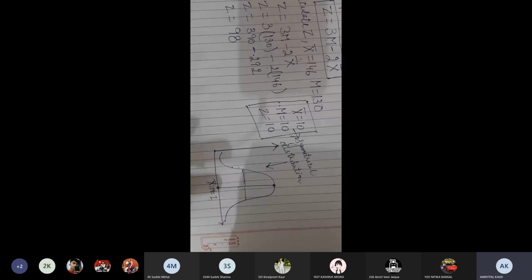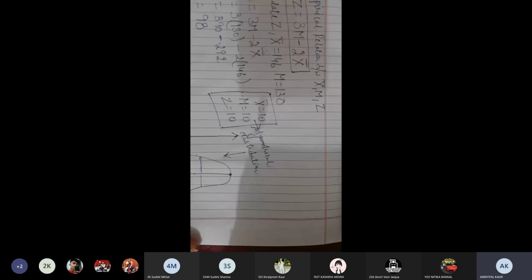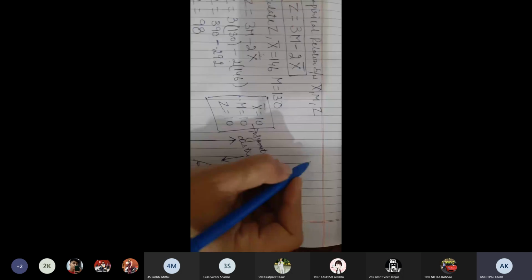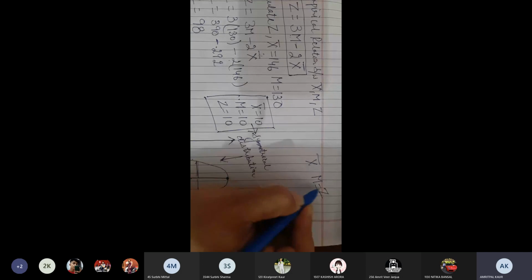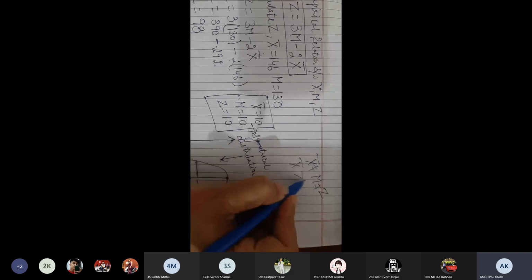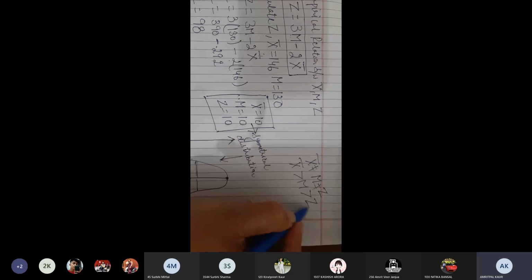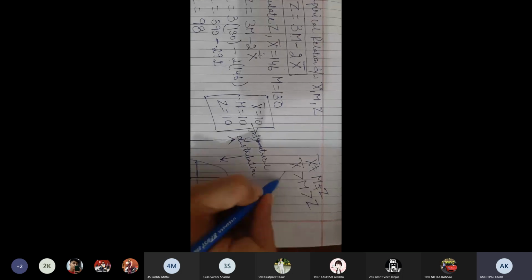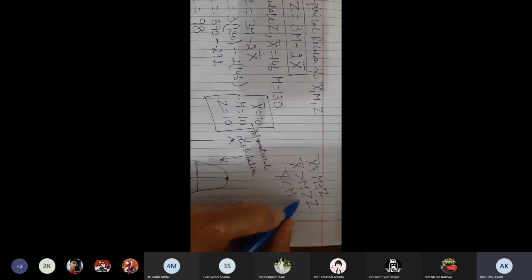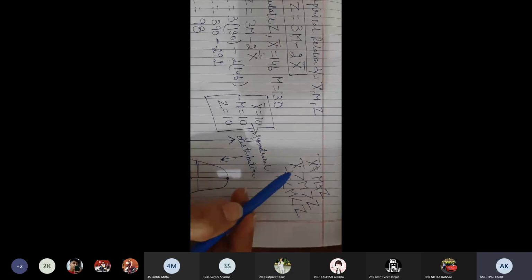Then there can be statements where the values of mean, median, and mode are not equal. They are different. Sometimes the value of mean is greater than the value of median, and then the value of mode. Sometimes the reverse happens: the mean value is less than median and this is less than mode.